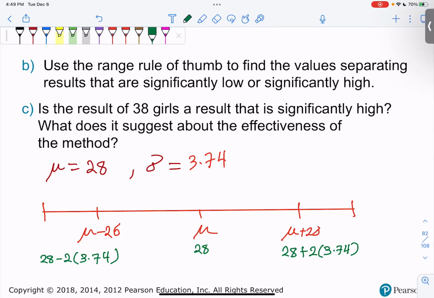The plus one, right? This is 35.48. Less than is 20.52. Great.